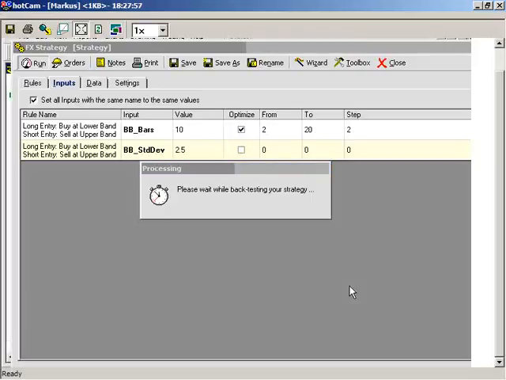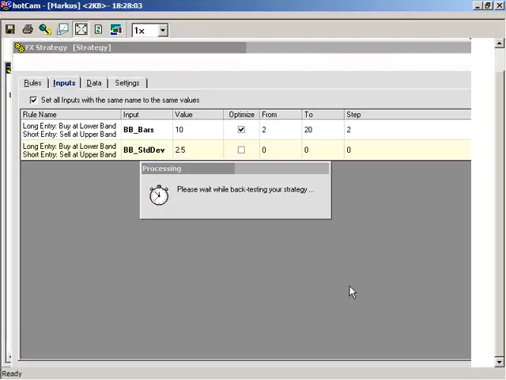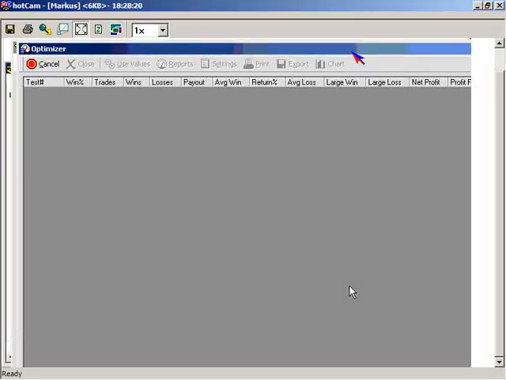And let me bring up the optimizer from the other screen, because it's appearing here on my other screen. Let me move this over. Okay, hold on. Here we go. So we'll take a look at the results that should appear here in a second.